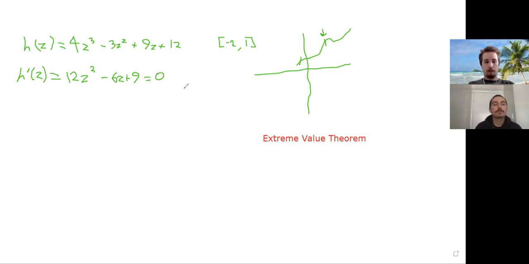Because if there's a local maximum or minimum, the slope on that critical point is going to be 0. So again, we have a similar equation where we have a quadratic, and we have to find out what z is equal to.